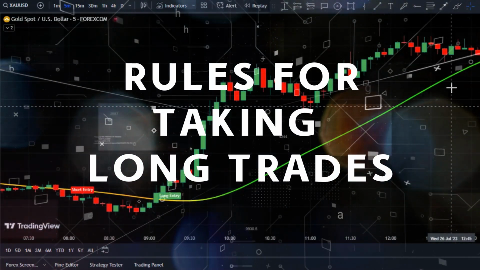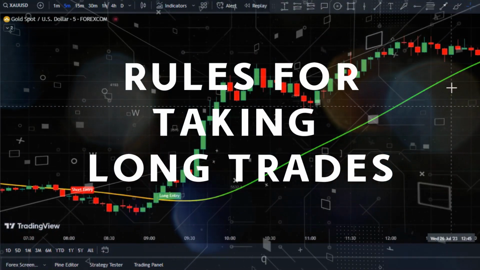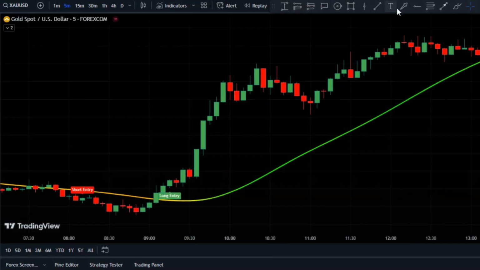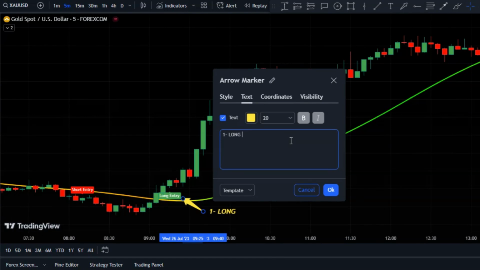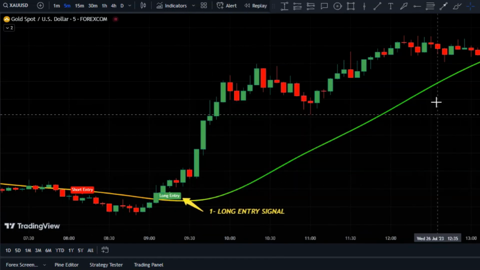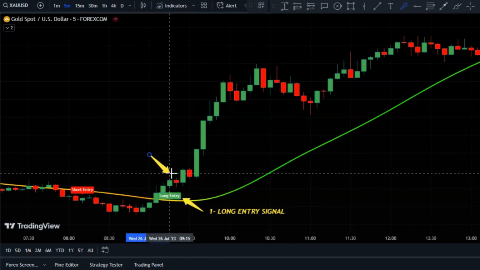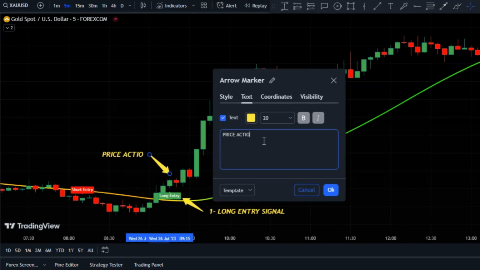And to enter a long trade, first you need to see a long entry signal on the chart. Next, confirm that the trend is upwards. The price action needs to be above the CMA indicator line.